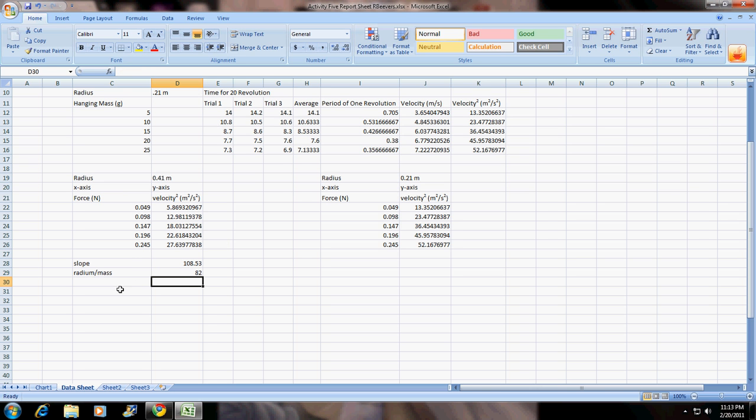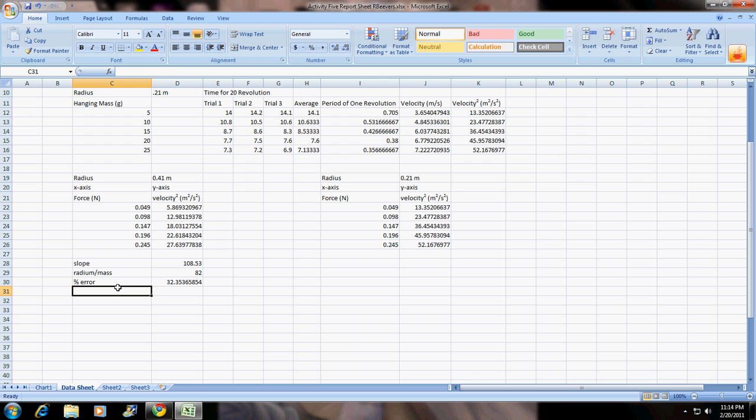And if I compare that value to the slope, the percent error, okay, if I do the percent error, it's going to be open parentheses, the larger of the two, which is 108.53 minus 82, okay, divided by 82 times 100. Okay, so that's 32% error. That's quite a bit of error.